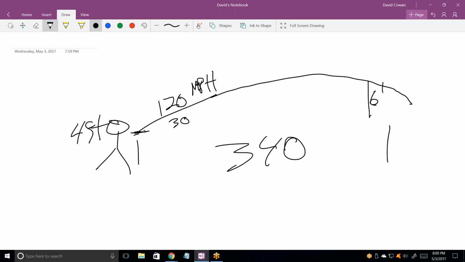In other words, I will be able to figure out at 340 feet what the height of the ball is. If the height of the ball after 340 feet is more than 6 feet, it clears the fence. If it's less than 6, if it's 5 foot 11 inches, it doesn't clear the fence. It's a double.